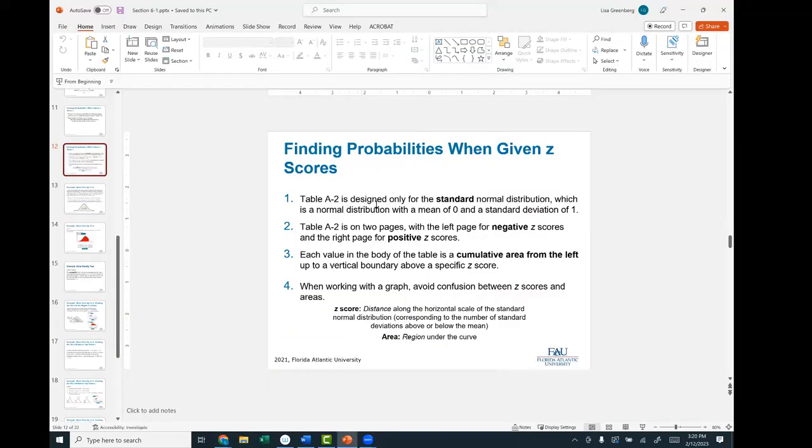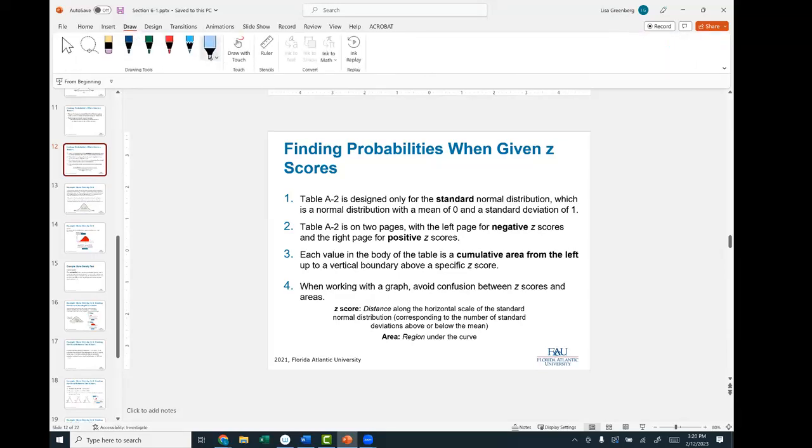Table A-2 is designed only for the standard normal distribution, which is a normal distribution with a mean of 0 and a standard deviation of 1. So this is important. For a standard normal distribution, it has to have a mean of 0 and a standard deviation of 1.